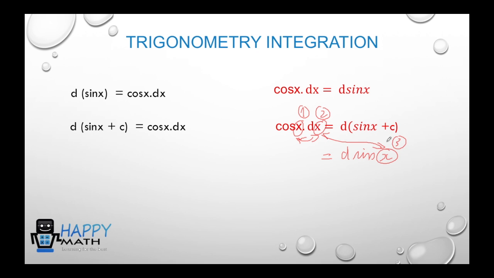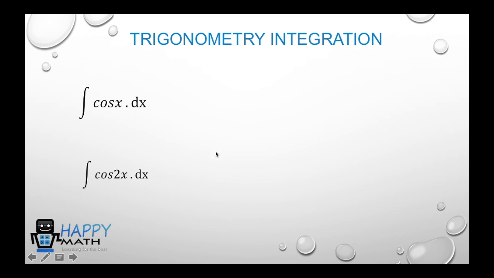In this function, you see that the main function is not cos x, it is cos 2x. So I have to change the dx here to become d of 2x. It means you have to multiply by 2 in the integration.